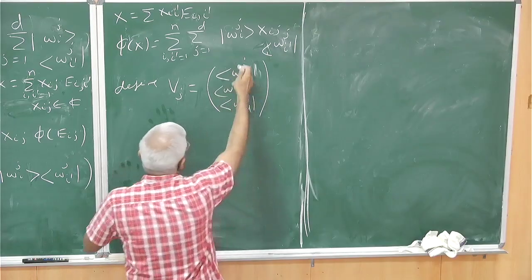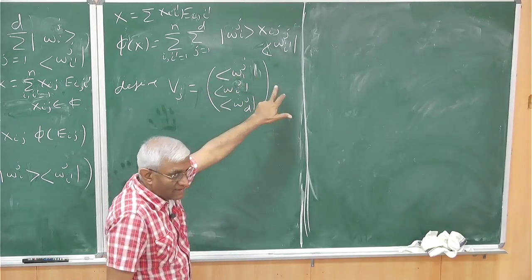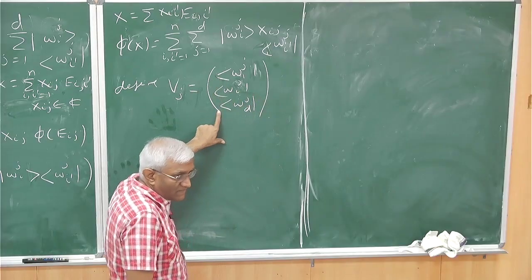Okay. So now these are all row vectors. So there are d rows here.